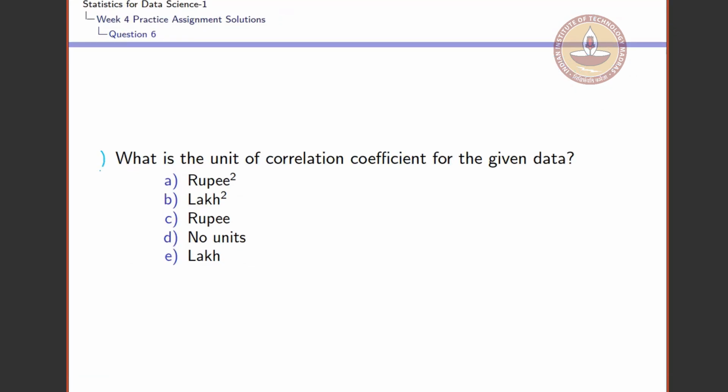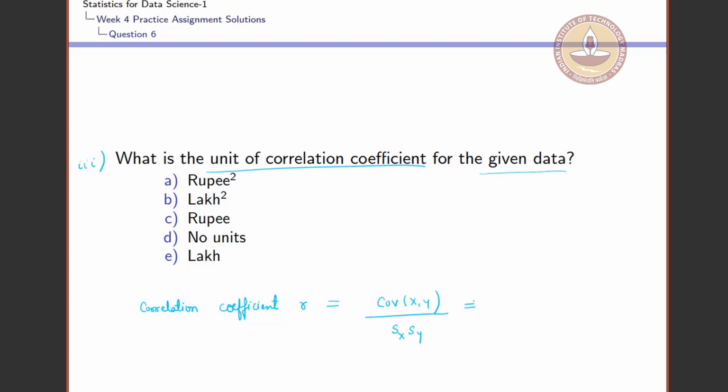The third question is, what is the unit of the correlation coefficient for the given data? So what is the formula for the correlation coefficient? The correlation coefficient, represented by r, is equal to covariance of xy divided by S of x, S of y.